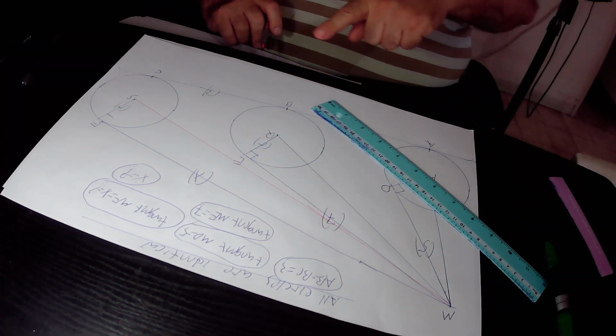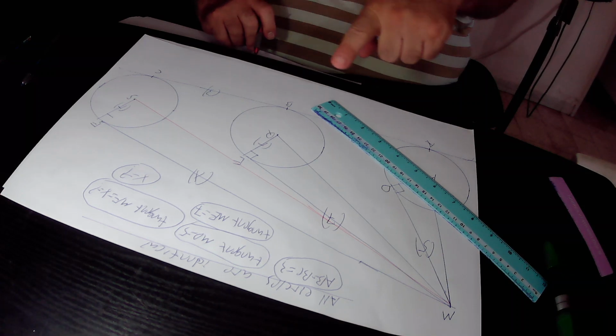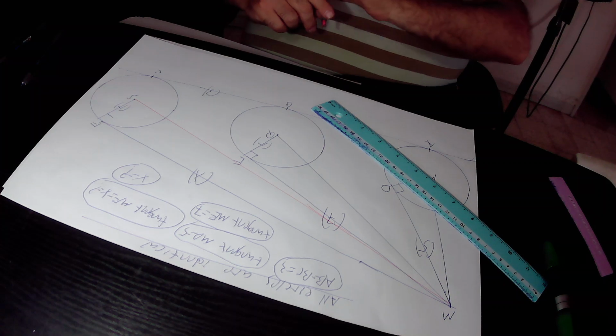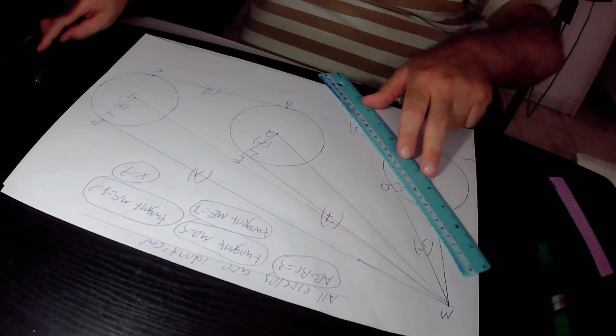By joining points S and M, we created the right triangle MSF. The next step, we'll implement the Pythagoras theorem on this right triangle, SMF.